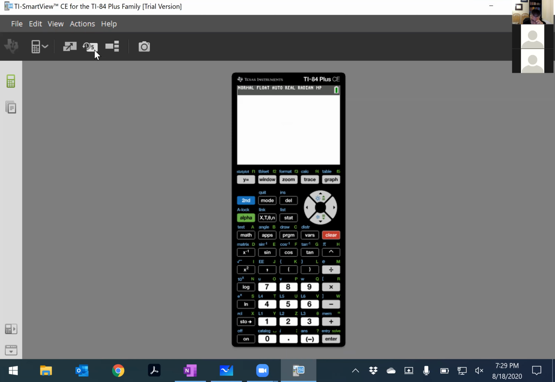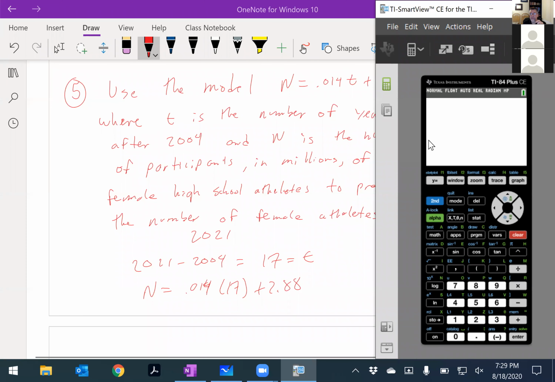That's better. Zoom. There we go. That's much better. Makes me happy.